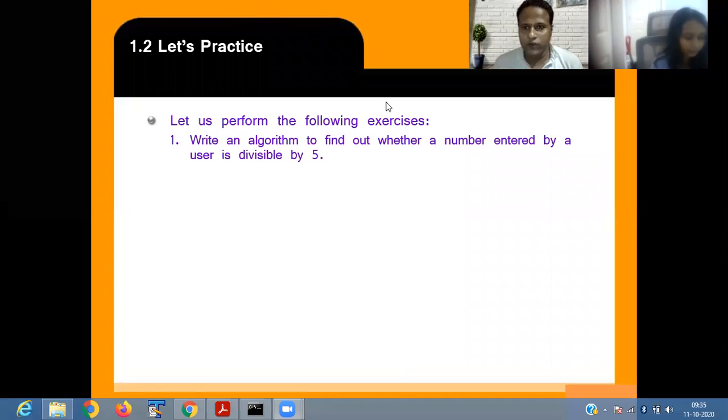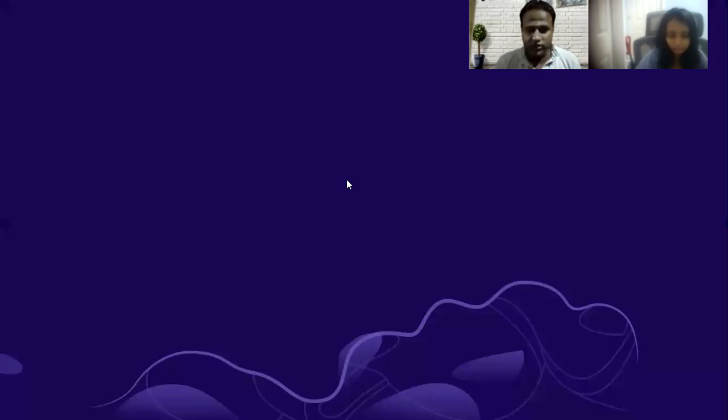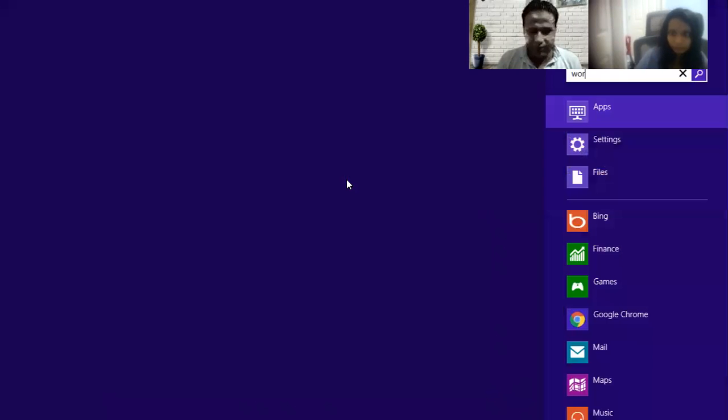So first, write an algorithm to find out whether a number entered by a user is divisible by 5 or not. So what is the step we perform? What do we have to write in the first line?